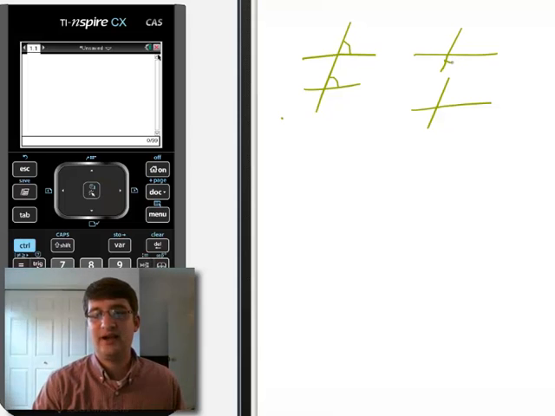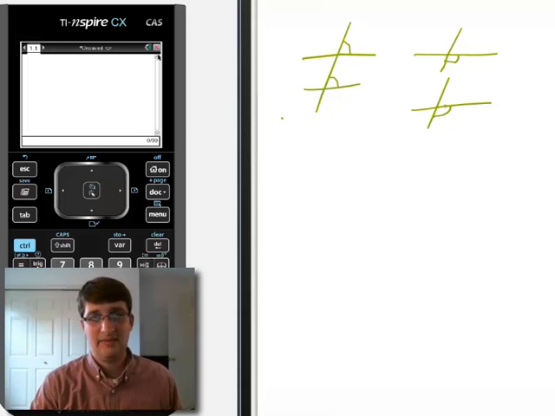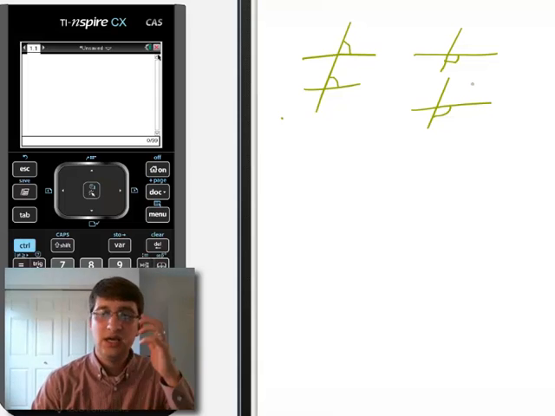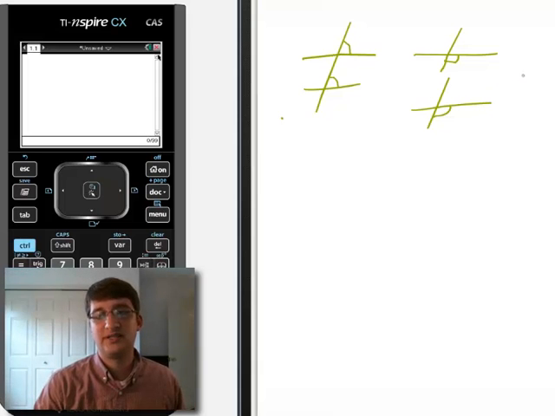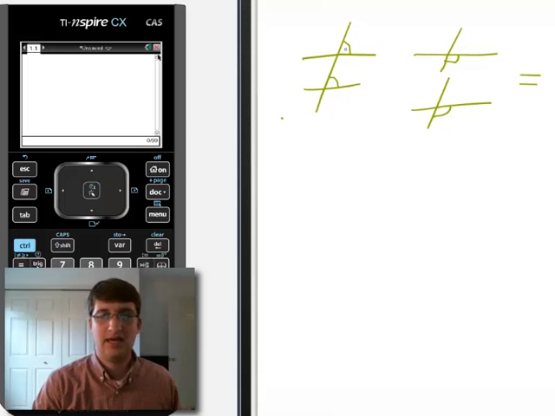For example, if I drew an angle here and then down here I have that same angle, they're going to be the same. So corresponding angles are always going to be equal to each other, okay?